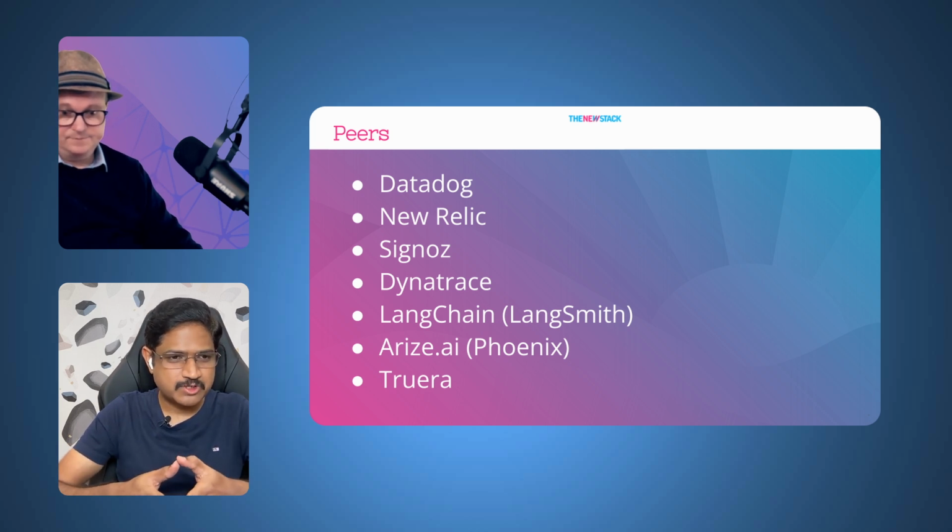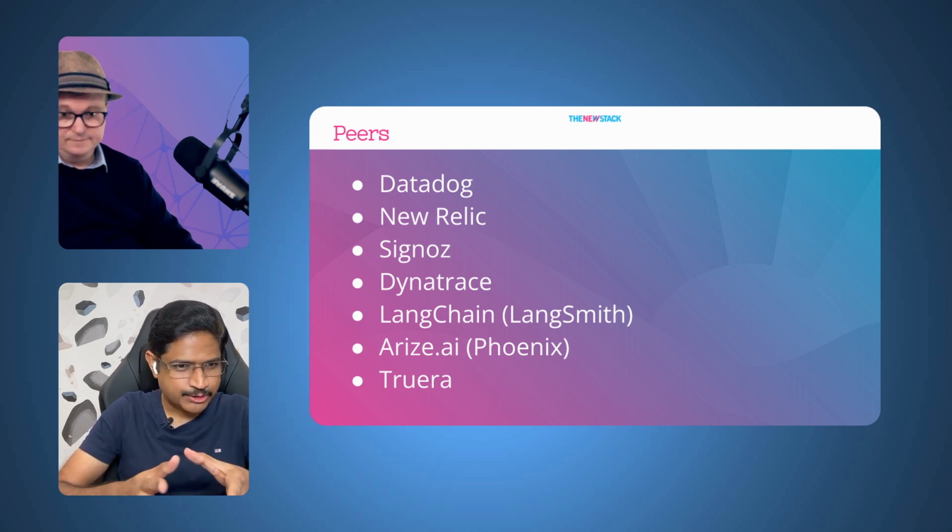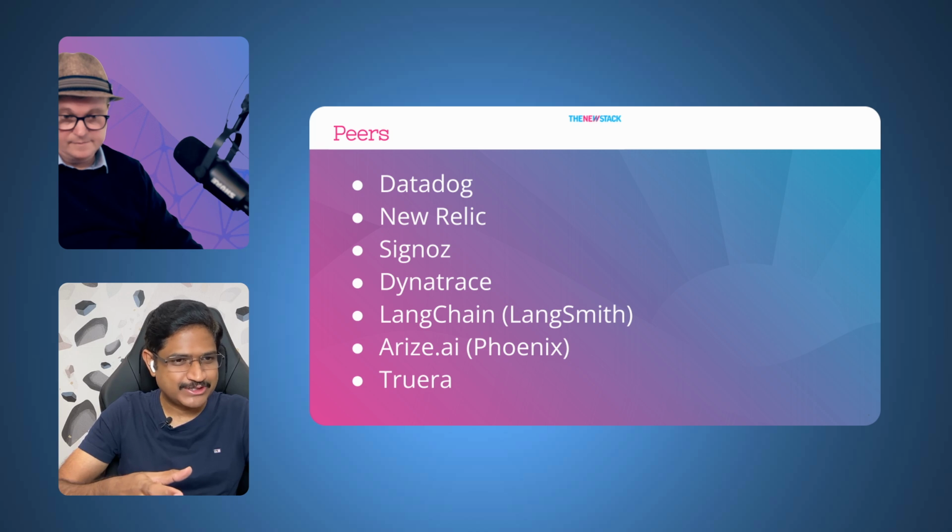So the entire LLM observability space can be broken down into two different categories. One is the usual suspects who deliver a catch-all observability solution. They are there for infrastructure, for ML, for data observability. Basically, all things observability they claim they are capable of.